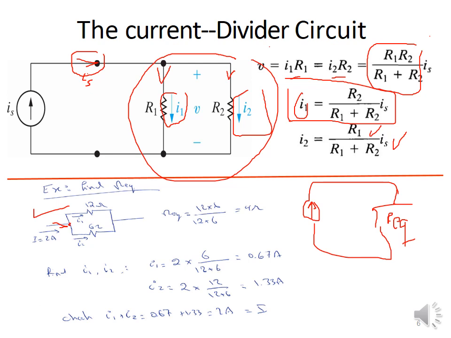Now it's required to find I1 and I2 using the current divider. ببساطة to find I1 اللي هو الكرنت المارق بال 12 ohm، it should be equal to the total current entering the node اللي هو 2 ضرب الريزستور البعيد عنا، يبقى ضرب 6 على جمع both resistors، يبقى على 6 plus 12. هيك نكون حسبنا I1.